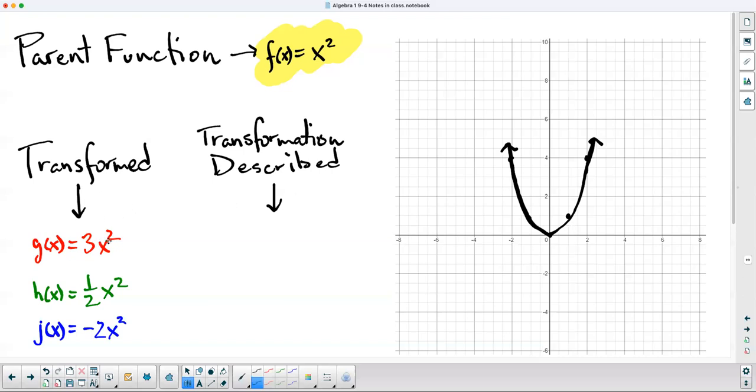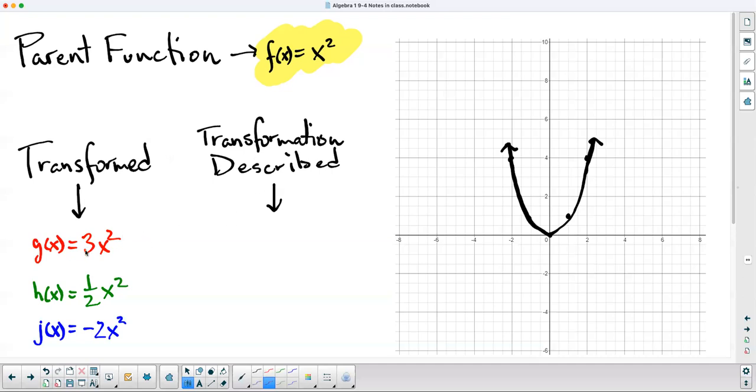Now, if you have a number in the front of it, that's going to affect its height, which makes it look skinnier, or I'll say wider. We'll be polite. So it makes it look skinnier or wider depending on the number.